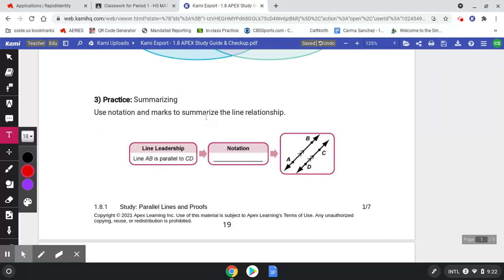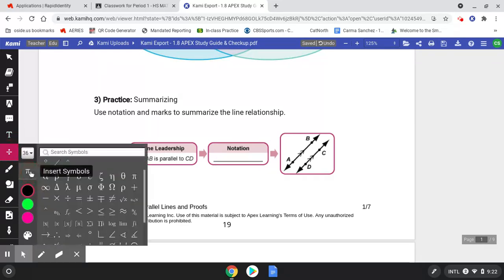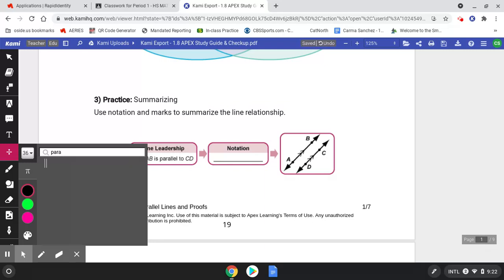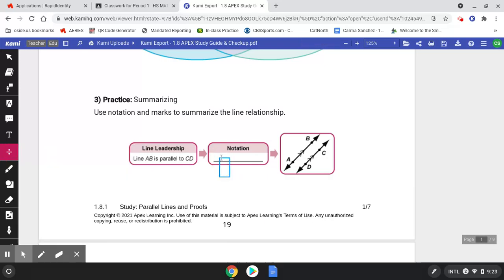Use notation and marks to summarize the line relationship. Line AB is parallel to CD. So here I want to see if we have this little symbol in our CAMI. There they are. There's our parallel lines. Okay, cool. So we can say AB.